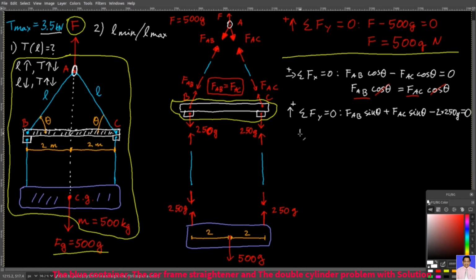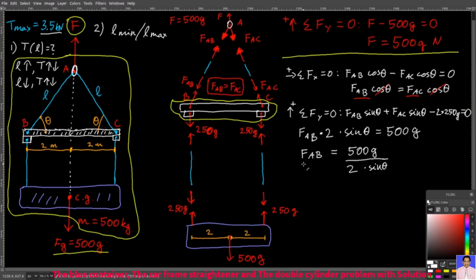So you can say that FAB times 2, because remember, FAB and FAC are the same, so I could just write FAB times 2 times sine theta, and that will give you 500 G. Then we can say that FAB equals 500 G over 2 times sine theta.